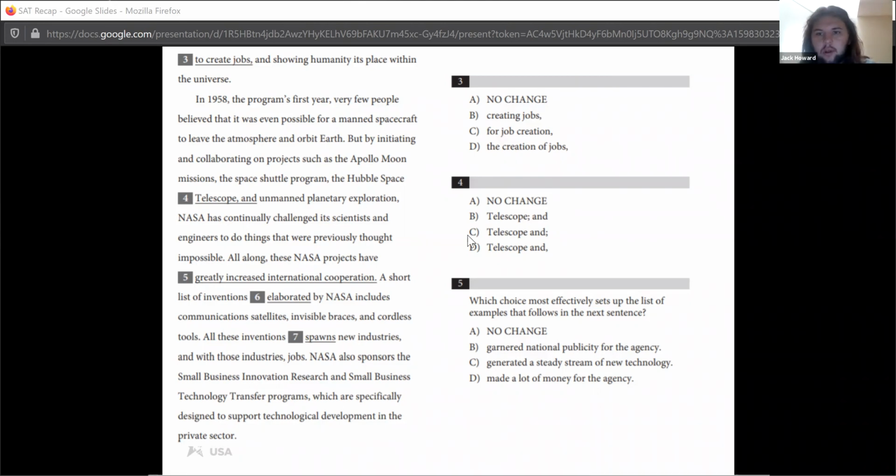So the answer would be A, because it already has, by initiating the collaborations on the Apollo missions, comma, the Space Shuttle program, comma, the Hubble Space Telescope, comma, and unmanned planetary expeditions.